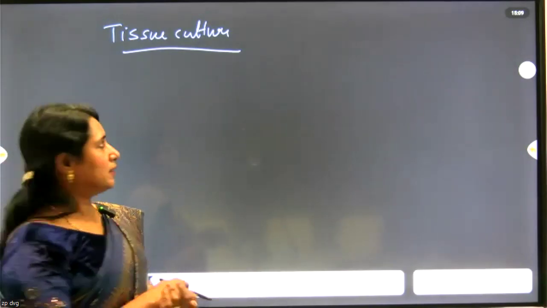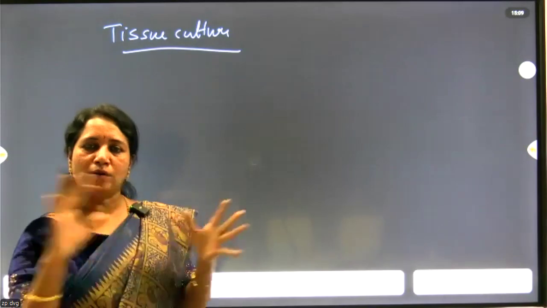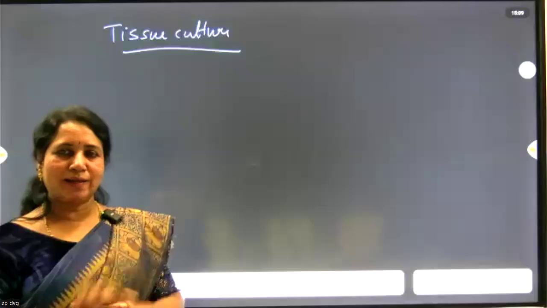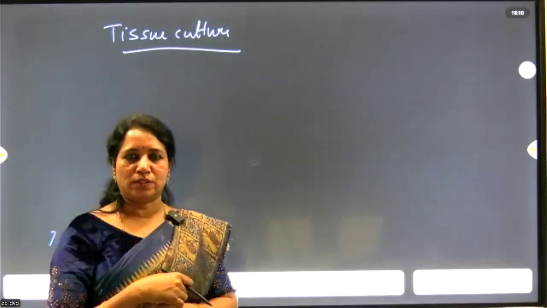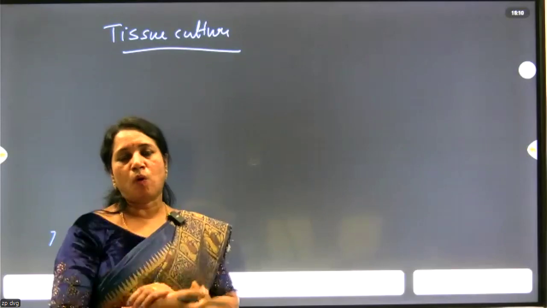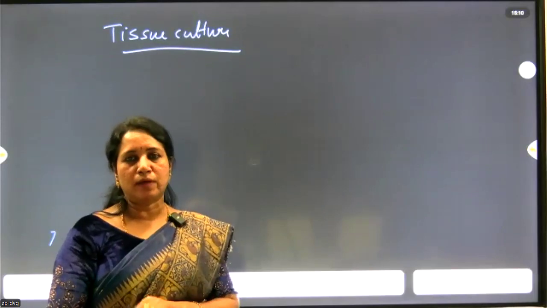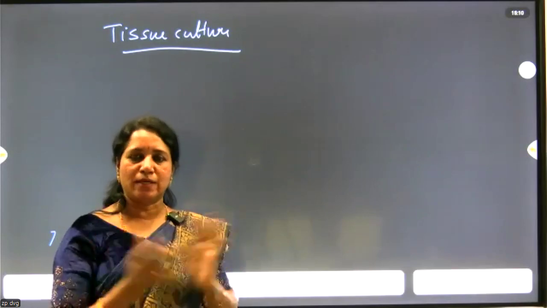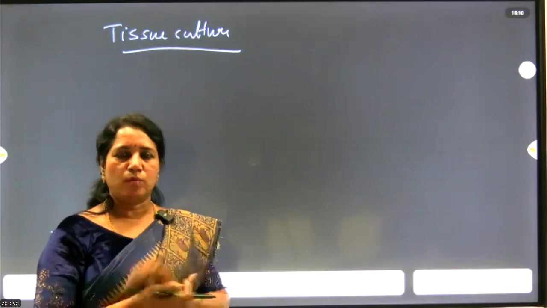The plants obtained here are all identical to each other, because we use only cells or tissues, so they are all somatic. All the plants produced from somatic tissues or cells will be similar genetically as well as morphologically.